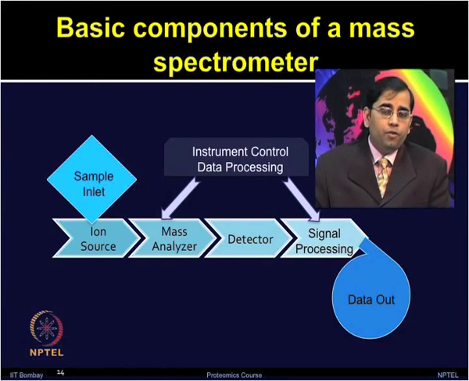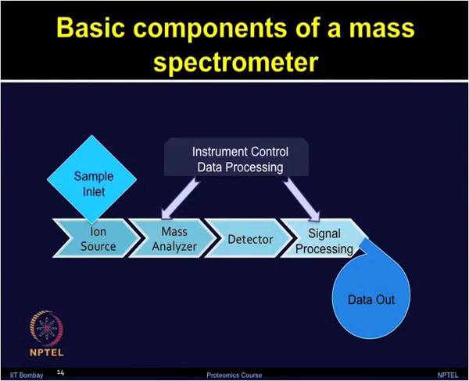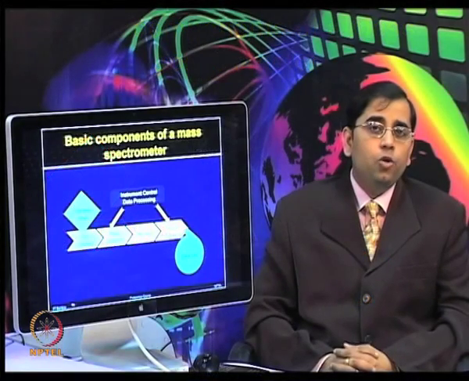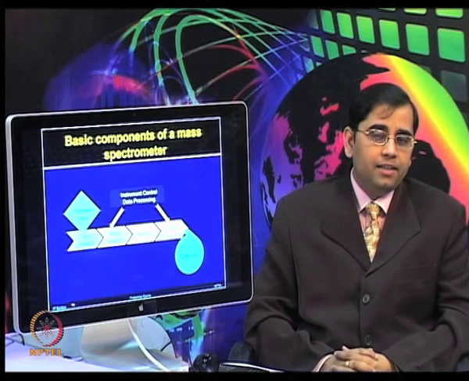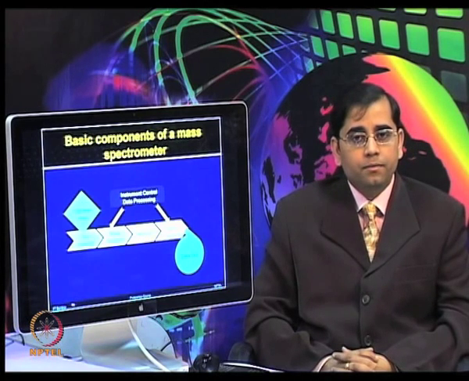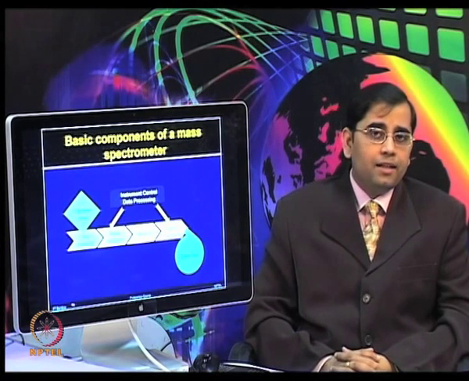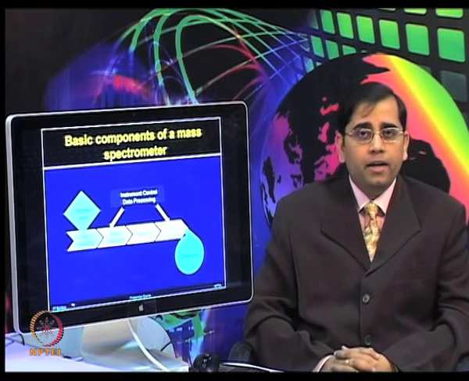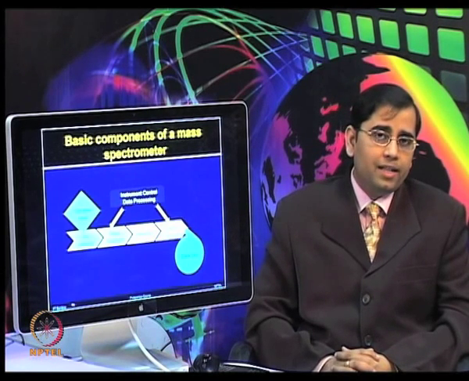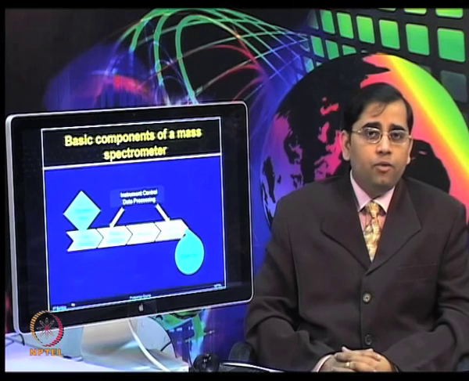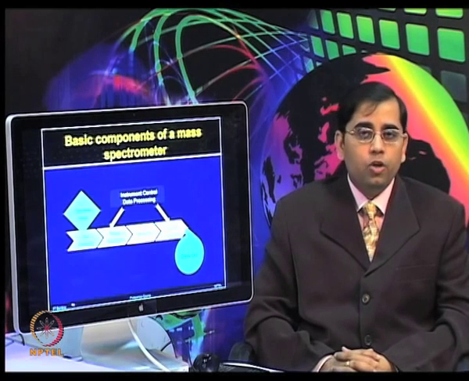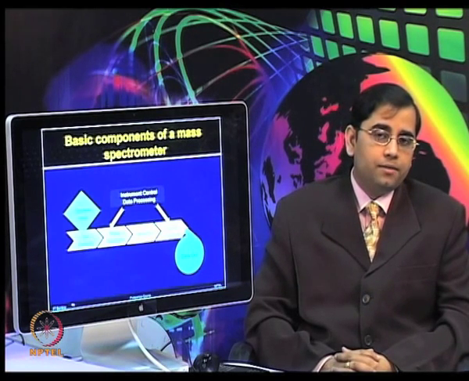There are various types of mass analyzers available, which we will discuss in more detail during the subsequent part of the lecture. Now, one needs to maintain the vacuum condition. A very low pressure is maintained inside the mass spectrometer. The detector measures and amplifies the ion current of mass resolved ions, and then we need electronics to control the operation of various units.